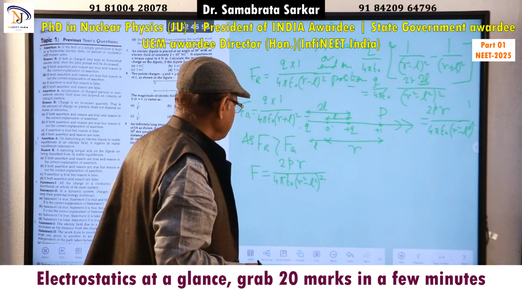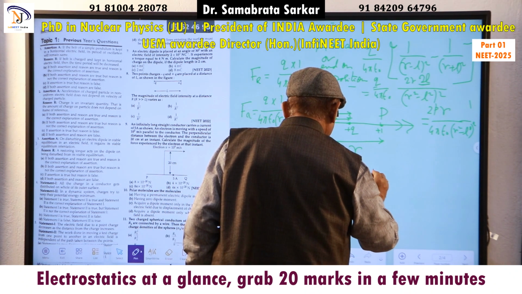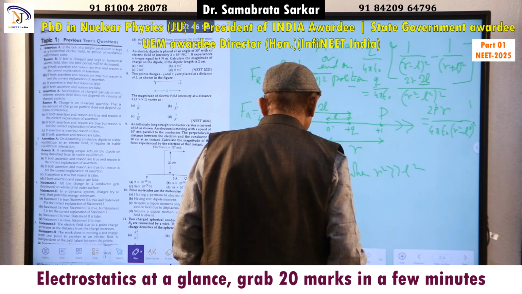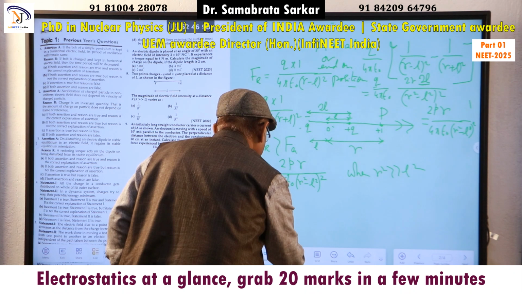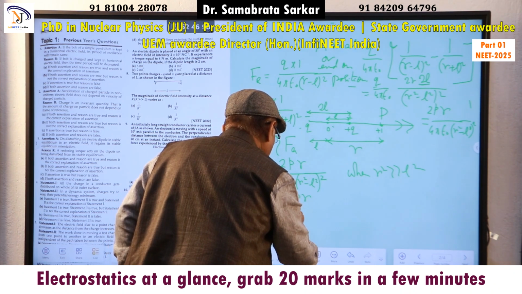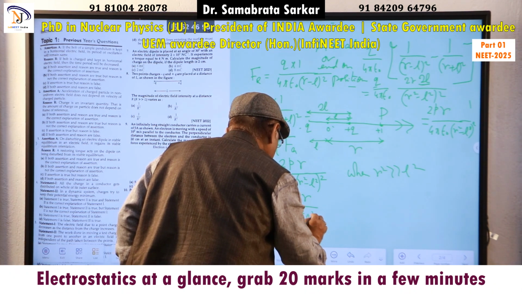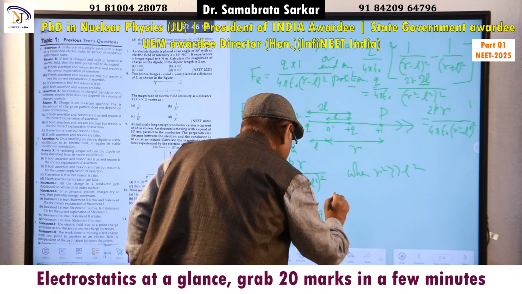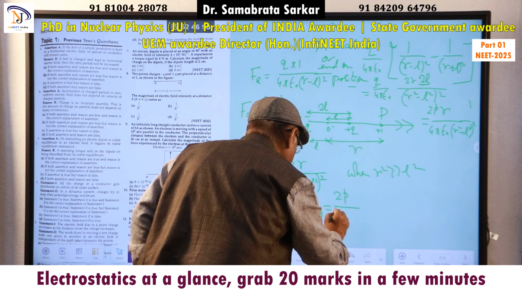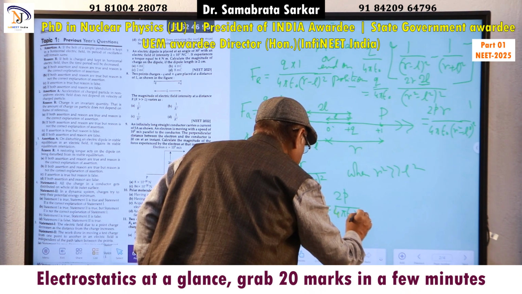Now a question comes. When r square is very much greater than L square, what can you write? Twice p r by 4 pi epsilon naught r to the power 4, that is nothing but 2p by 4 pi epsilon naught r to the power 3.